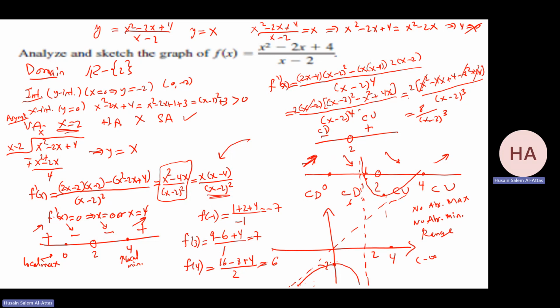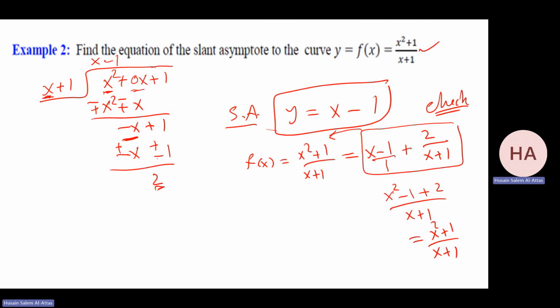Up to -2, union, this one, when it's at 4, I have 6 here, because this is the local minimum, right? Yeah, it's a local minimum, so it will be 6 to infinity. That will be the range.